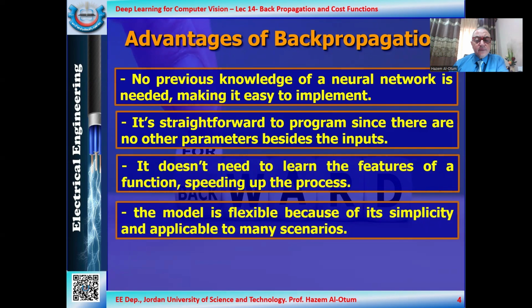Backpropagation is flexible because it's simple and applicable to many scenarios. When you apply your system to a given data set and now want to test another data set, or apply the same neural network in another application that is very close in nature to your designed problem, backpropagation will take on the responsibility to modify and fine-tune your parameters according to the new inputs, regardless of whether they are the same, very close, or a little bit different from the original dataset values.